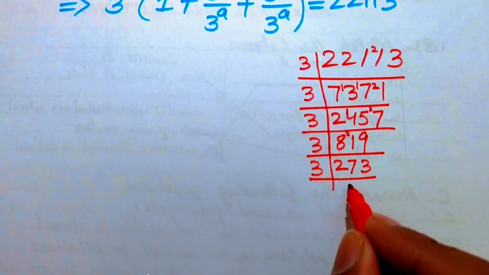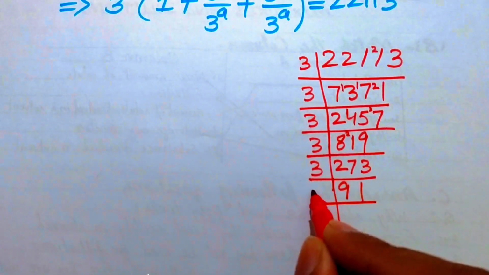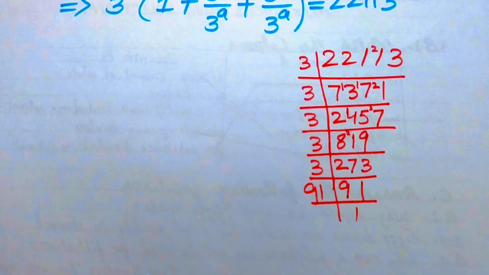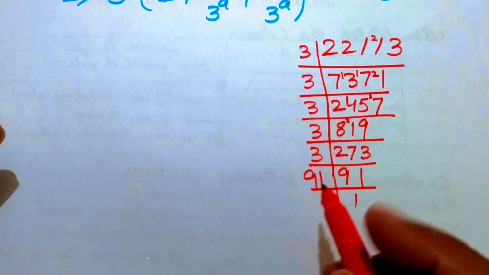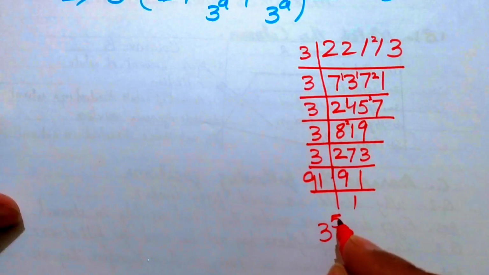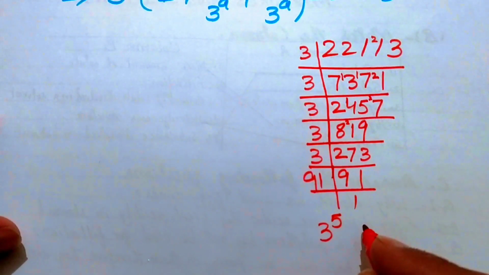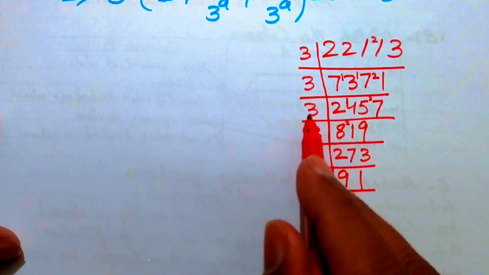Here you divide it by 3 and you get 3 9s are 27 and 3 1s are 3, and we divide it by 91. So the prime factors of this term are 3 to the power of 5 multiplied by 91. You see that 1, 2, 3, 4 and 5.